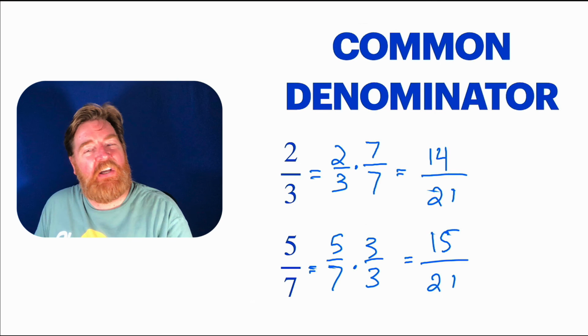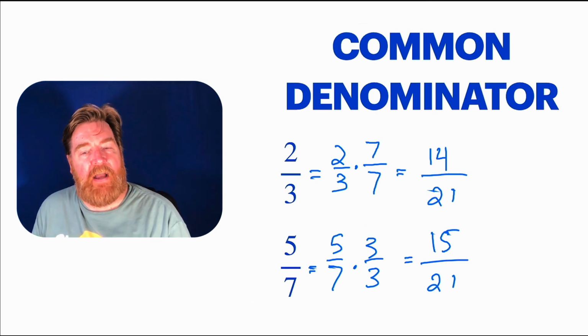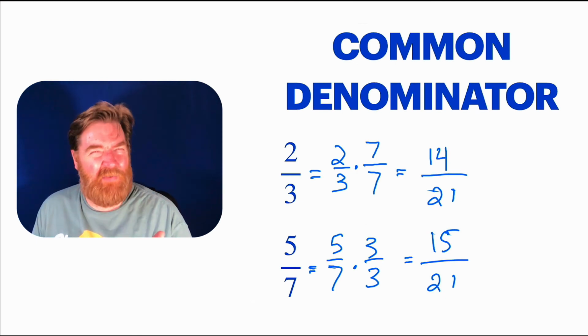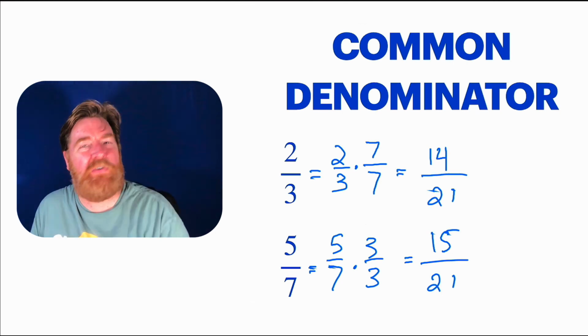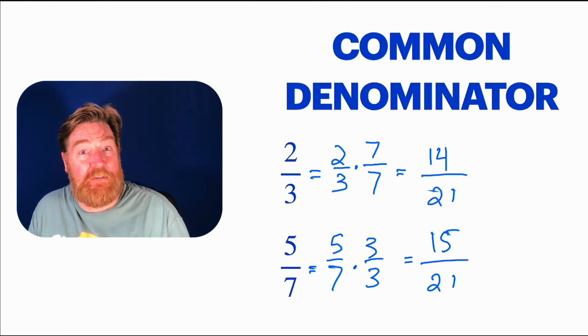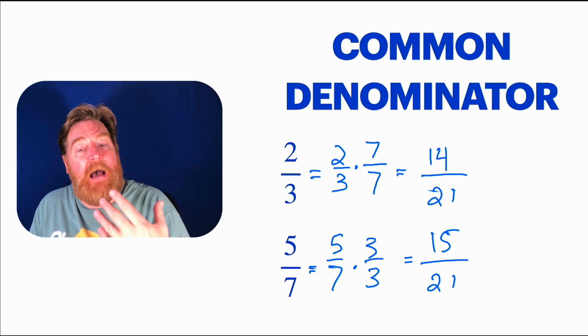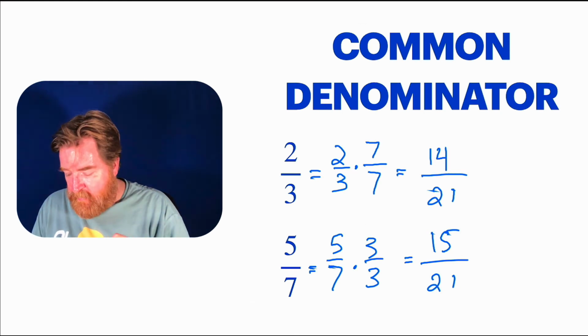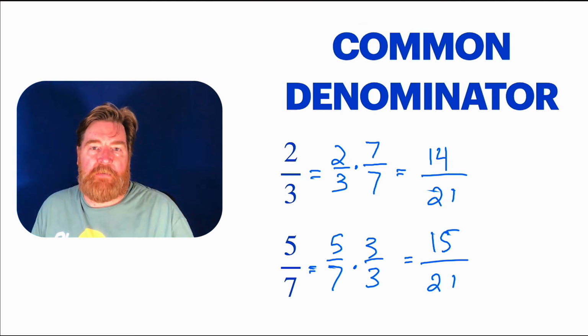Take a look at those two anti-simplified versions of the fractions. 14 21sts and 15 21sts. You can see why it was pretty hard to tell who was bigger. Look how close they are. They're only 1/21st apart. That's very, very small. So the common denominator lets us figure out very easily which one of those is bigger.